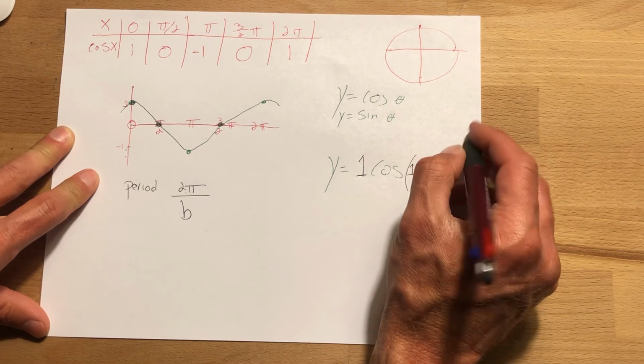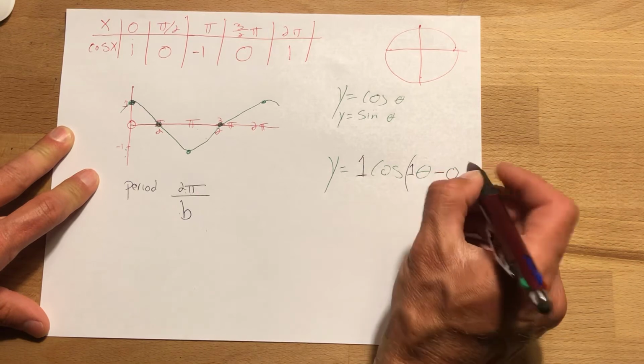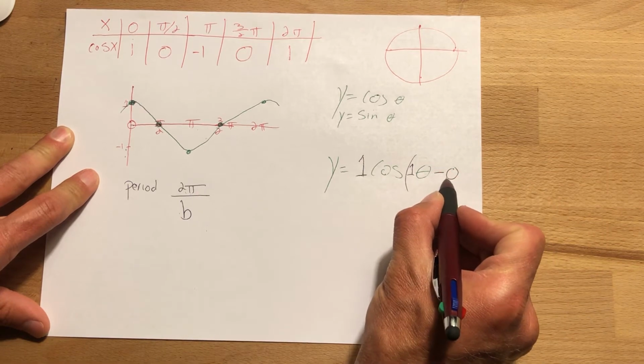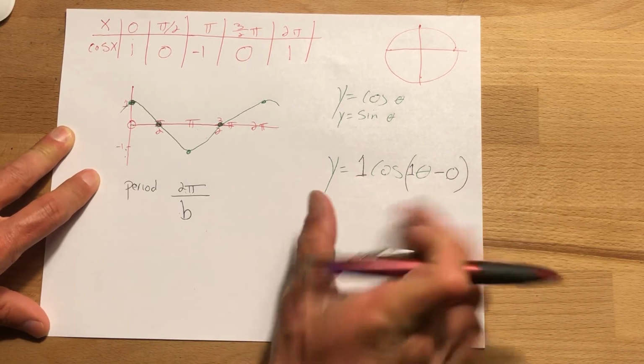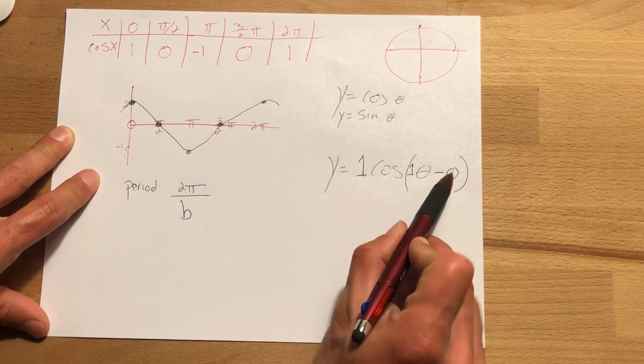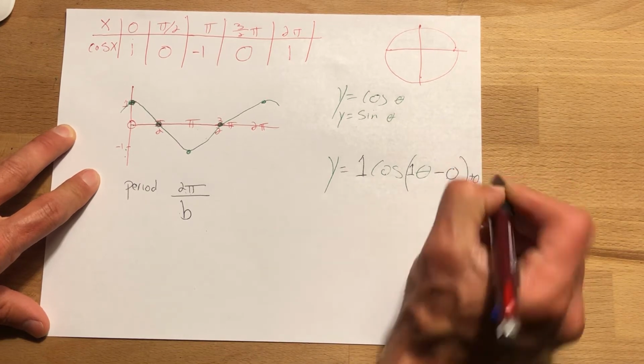And this is going to be a minus 0 because there's no phase shift. Remember, whenever you have a parenthesis, it moves left and right. Technically, I can say this is minus 0 because there's a 0 phase shift. And then I can say plus 0.